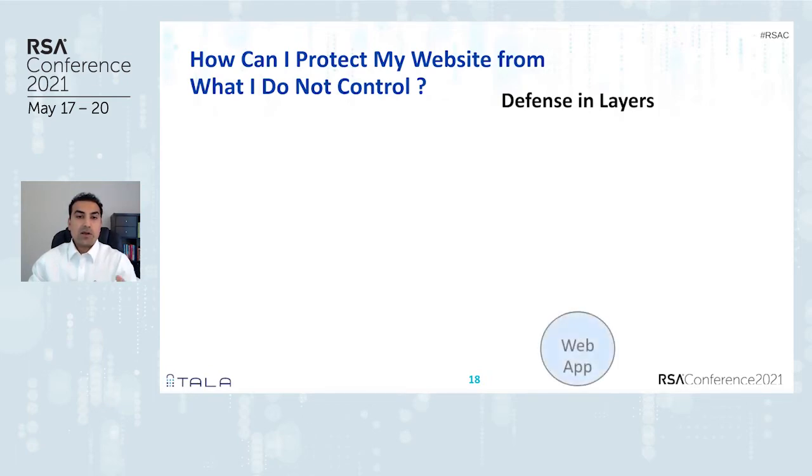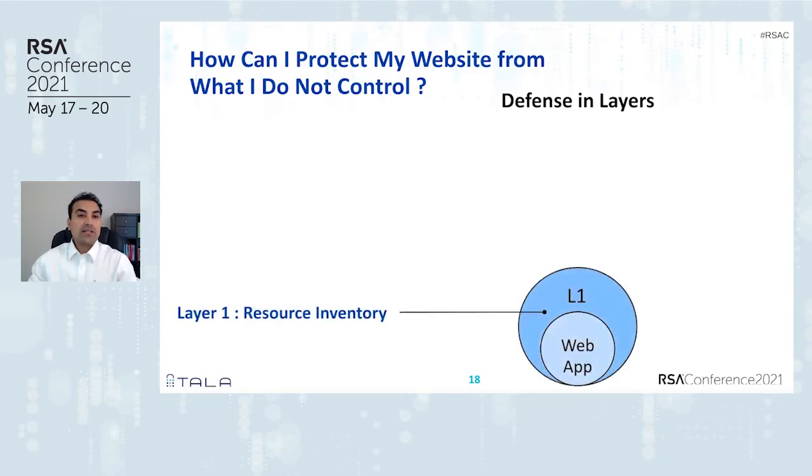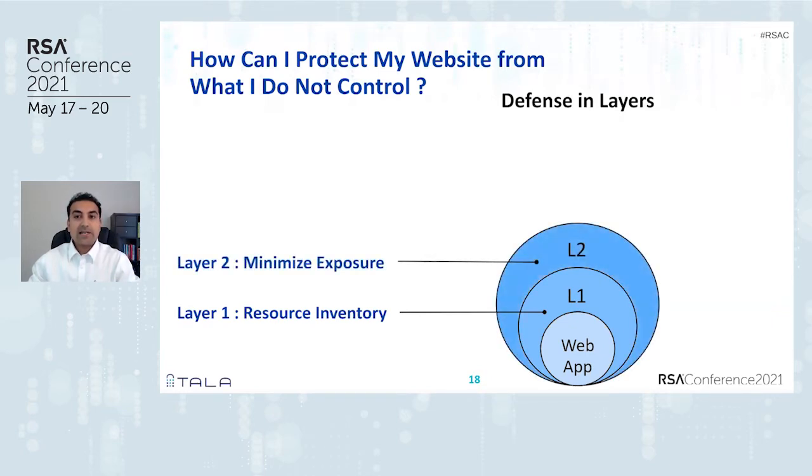So, you cannot protect against threats that you do not know about. And the first step, or the first layer of defense, is to understand all the third parties that integrate with your application. Next, let's try and minimize the number of third parties that are loaded on your web application.